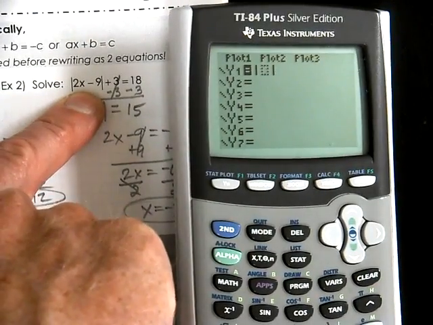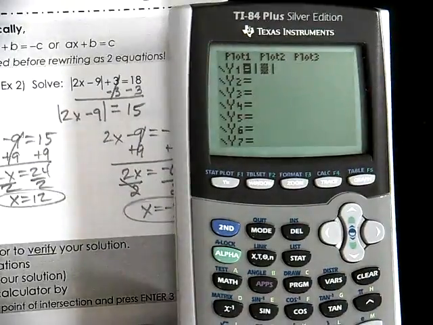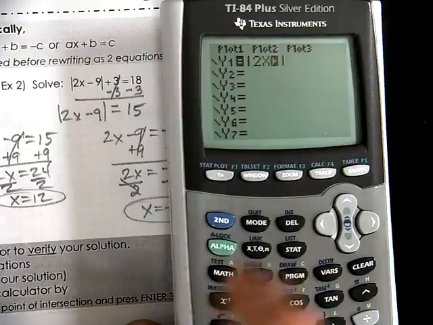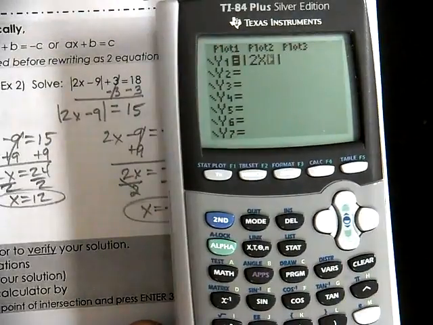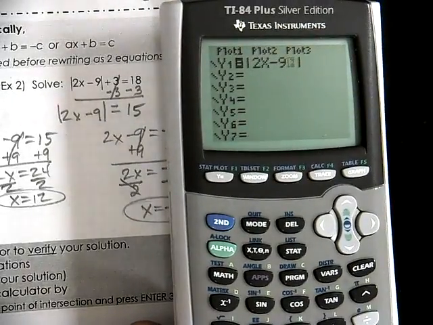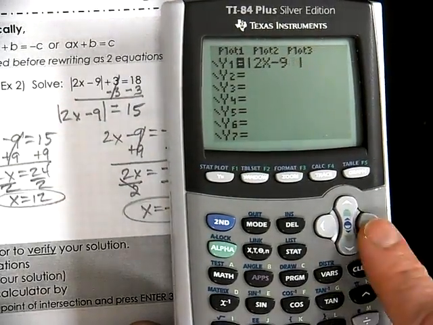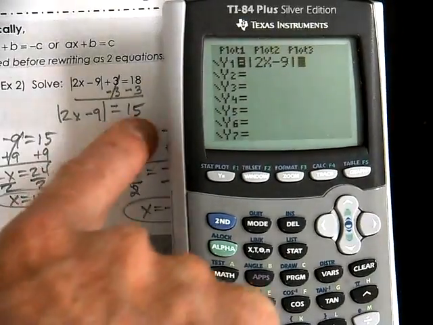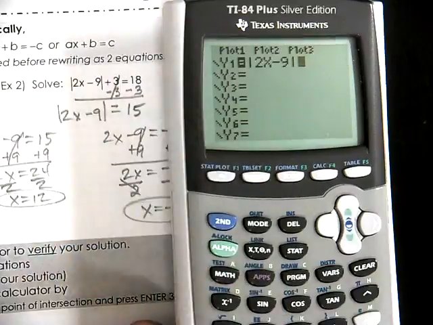We're going to type in 2x minus 9. The x value is right next to alpha. And we say minus 9. I need to use my arrow button to move out of the absolute value so I can write in plus 3.